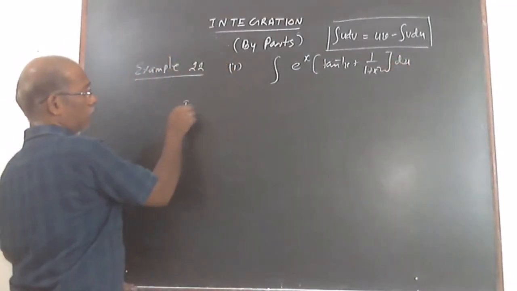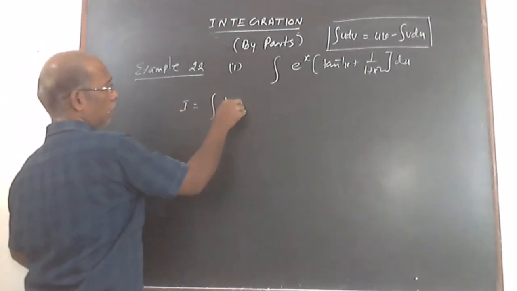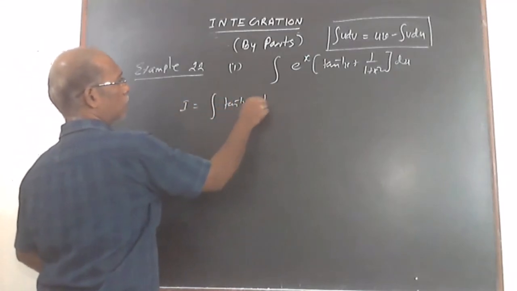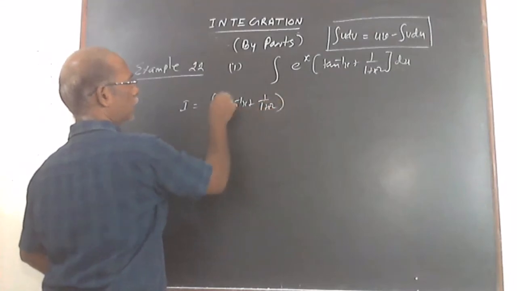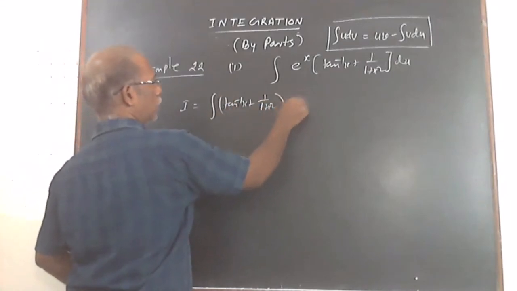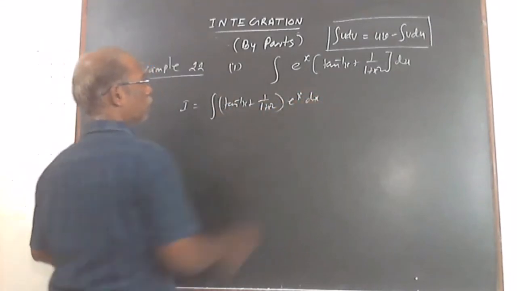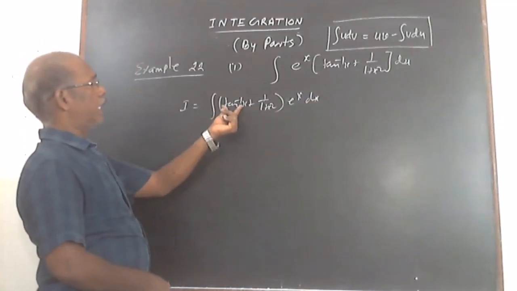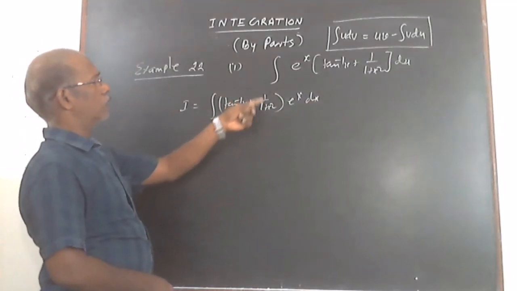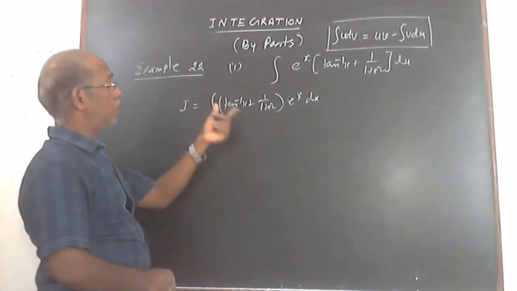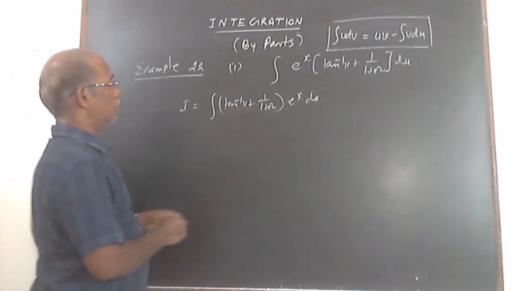If you take I equal to integral of tan inverse x plus 1 by 1 plus x square, e power x dx, this is f of x, and the derivative of f of x is 1 by 1 plus x square. This is of the form f of x plus f dash of x.